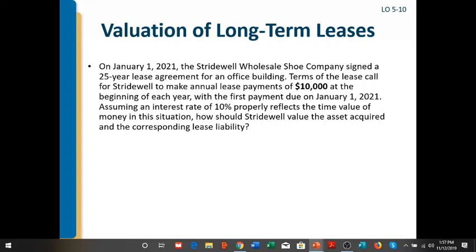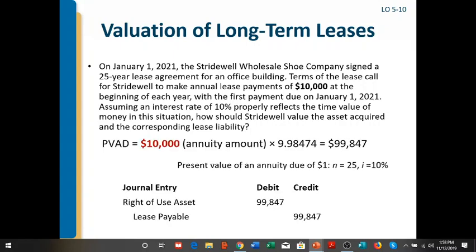So they're simply going to take that $10,000 and, since they're assuming an interest rate of 10%, reflecting the time value of money in this situation, they go to their tables or Excel, figure out what the present value of an annuity due for 25 years at 10% on $10,000 is, and it is $99,847.